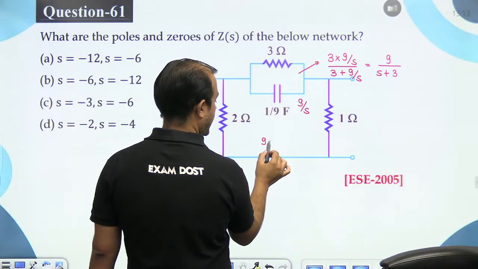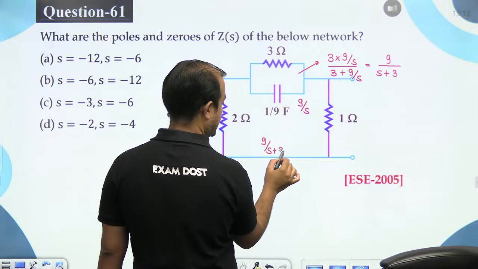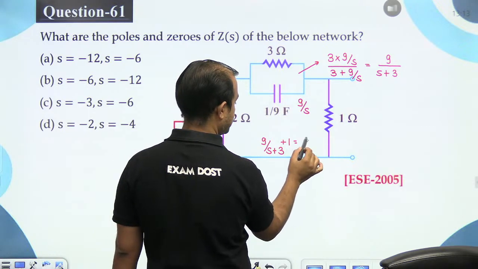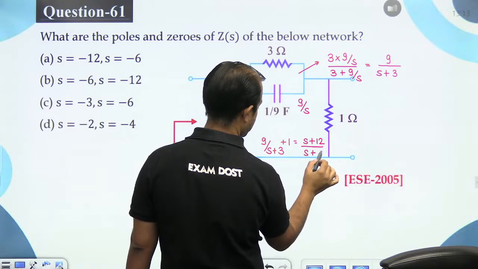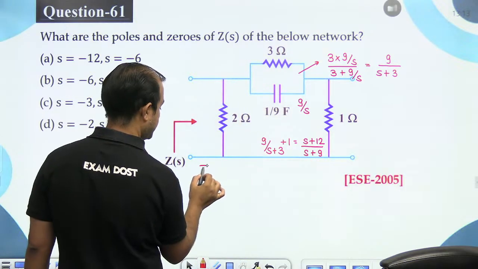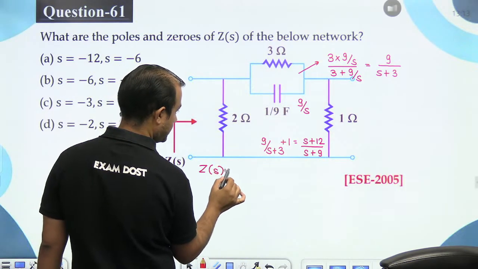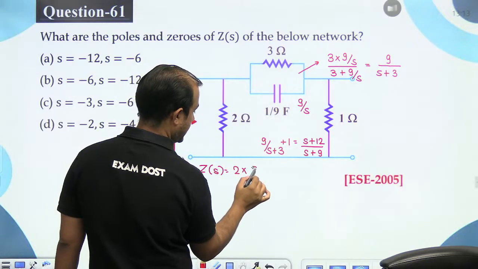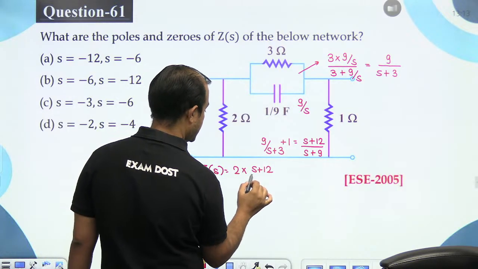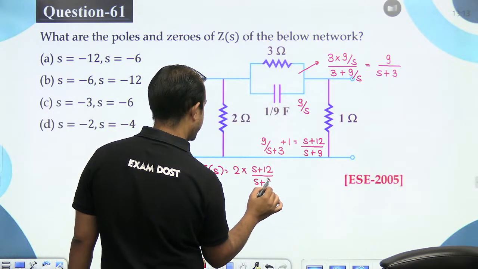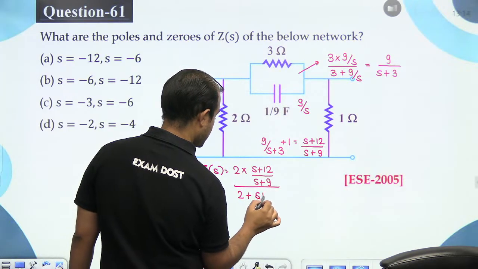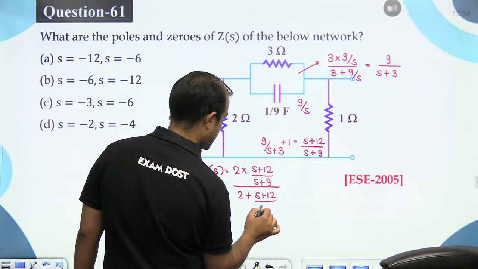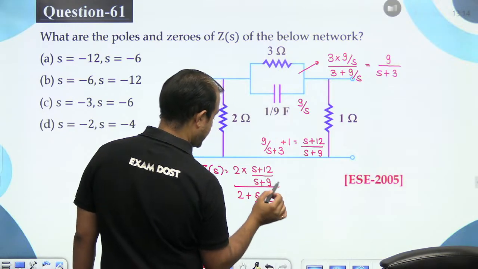Then 9 by S plus 3 in series with 1. Then you take the parallel combination Z1, Z2. 2S plus 18.